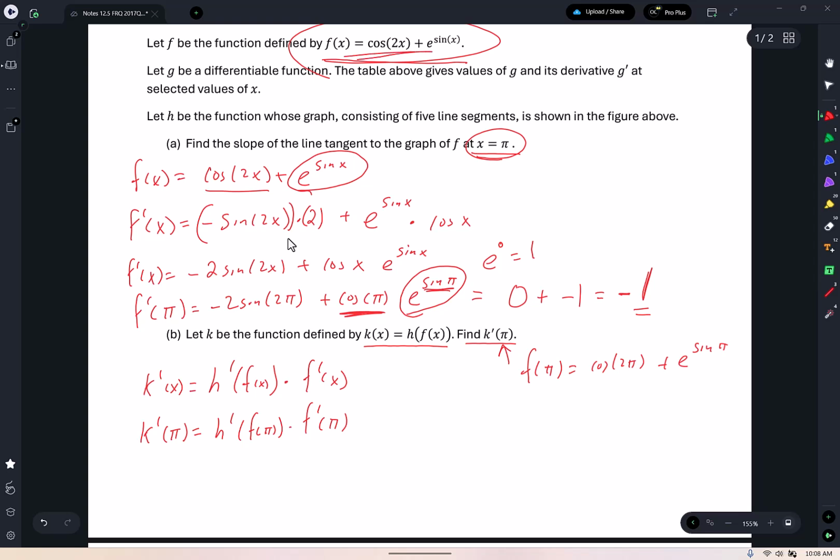It's this guy right here. I'm just plugging in pi. Cosine of 2 pi is 1. Sine of pi is 0. E to the 0 is another 1. So 1 plus 1 is 2. So that's just here on the side: f of pi is 2. Have I lost anyone? Okay, ask me. Tell me where I lost you.